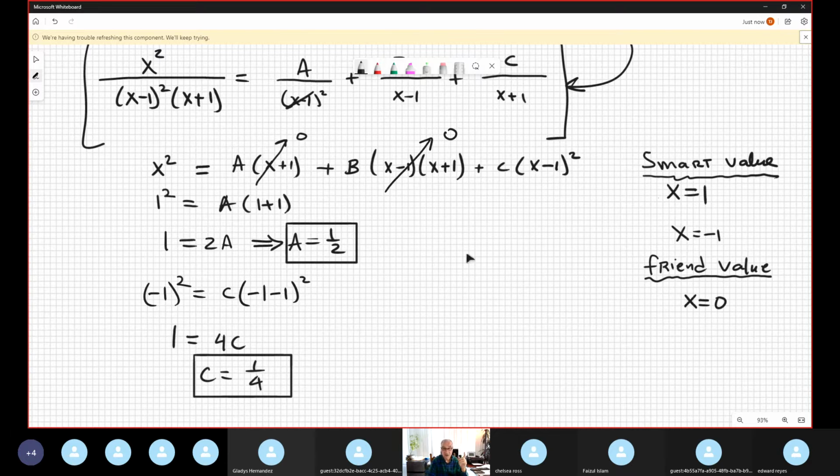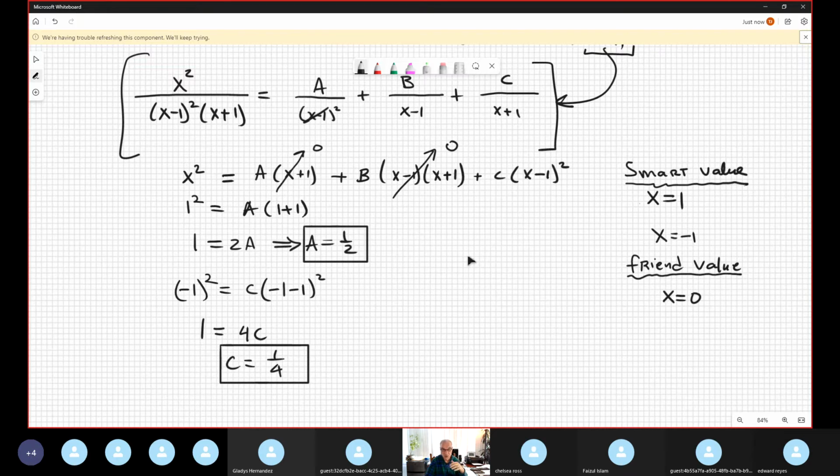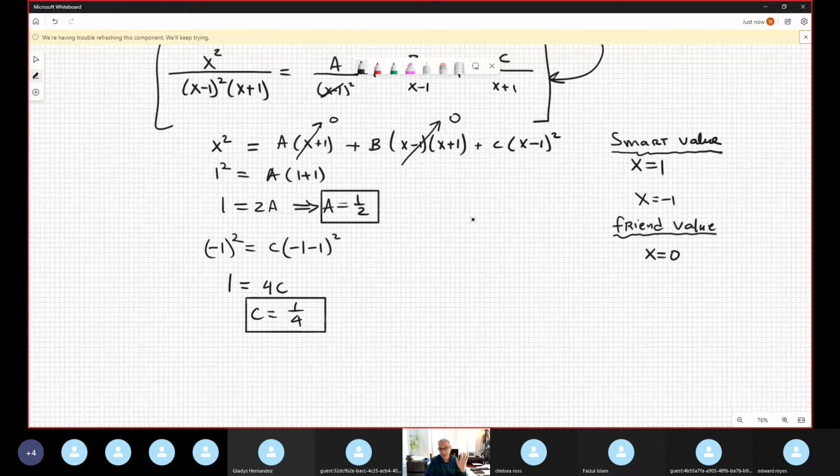The idea is plugging in 0. It's arbitrary, guys. Suppose 100, but 100 is more complicated. 0 is easy. 1 and negative 1 were smart values, and x equals 0 is a free value. Maybe 2, but 0 is easy. Any value you plug in, if you solve the equation well, you get the same answer. 0 is easy because 0 squared is 0.